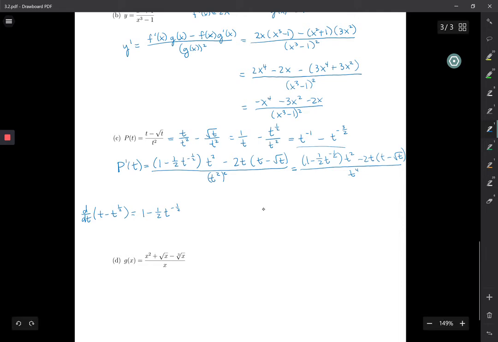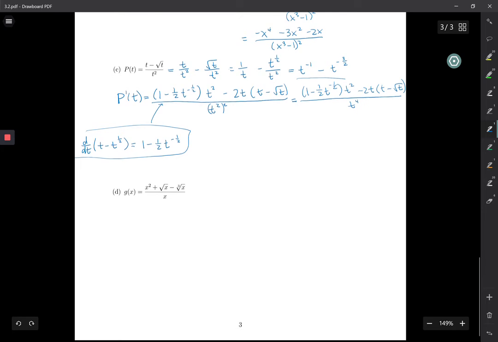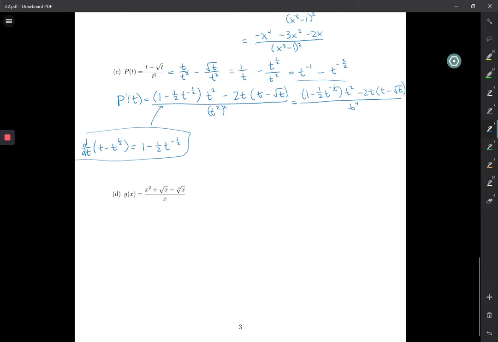Okay. Let me just, this went up there. And then we have one more example here where you can do this basically in the same way that I did it in the first case, or you could use the quotient rule. We'll see what it looks like when we try to use the quotient rule here.